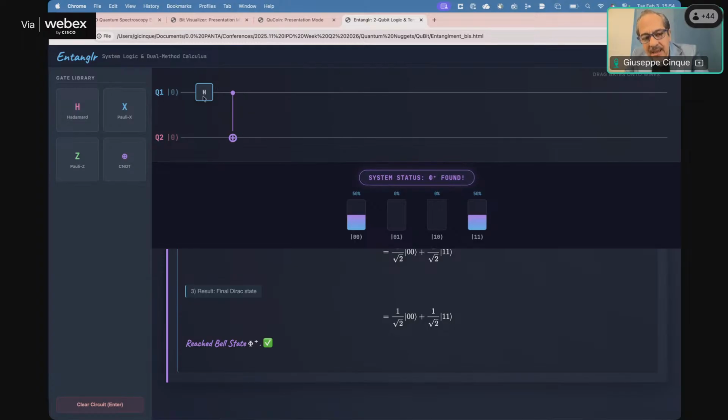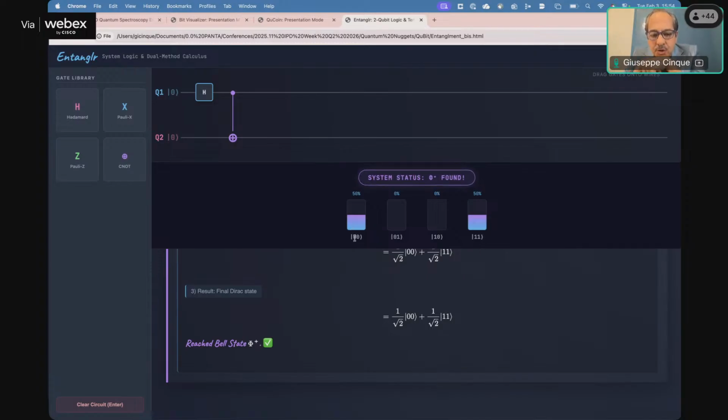I'm kind of saying it's 50% controlling, 50% NOT, and so this affects also the other qubit. And that's where I find myself in this interesting state called a Bell state, 00 plus 11. What does it mean?